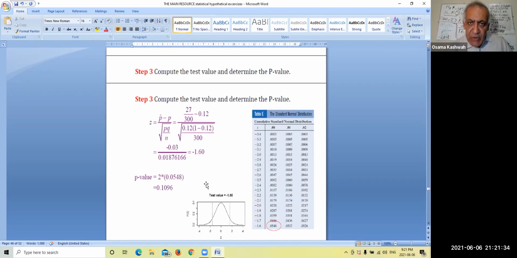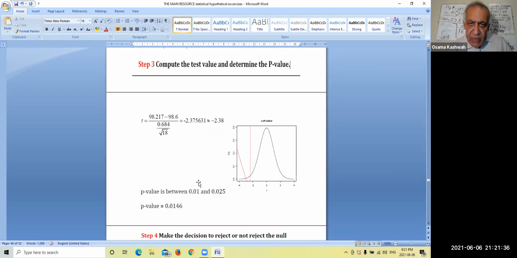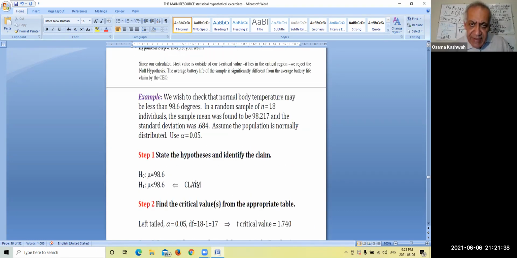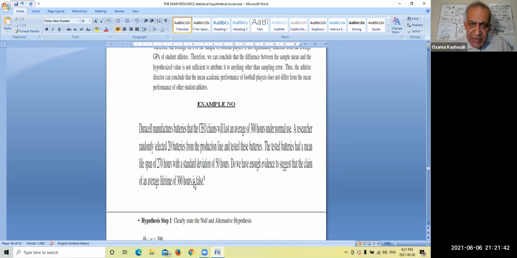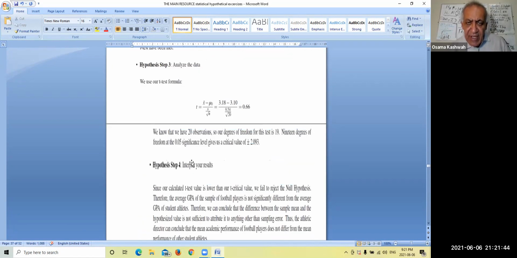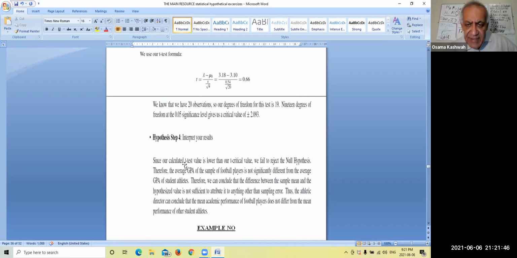So we will compare this value with the value determined here, and see that 2.093 is greater than 0.66, which means this is the area of acceptance, and you will accept H0 in that case.